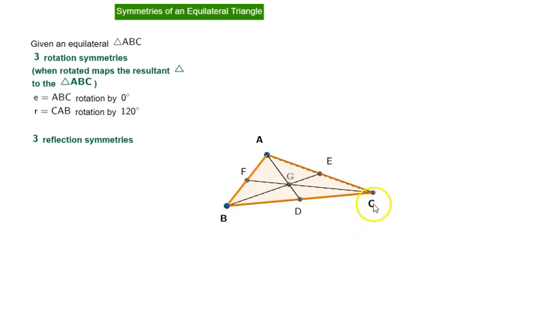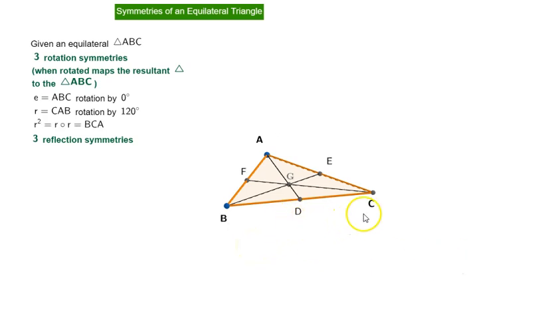What has happened? C has gone here, A has gone here, B has gone here. Similarly, D has gone here, E has gone here, and F has gone here. So this is the CAB symmetry.